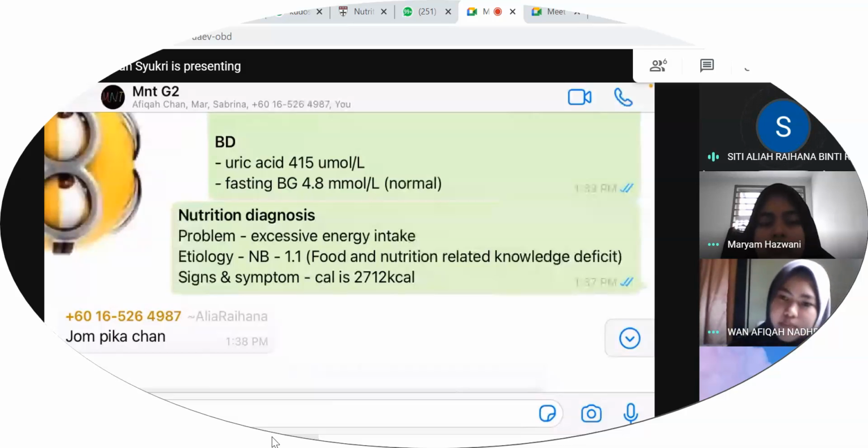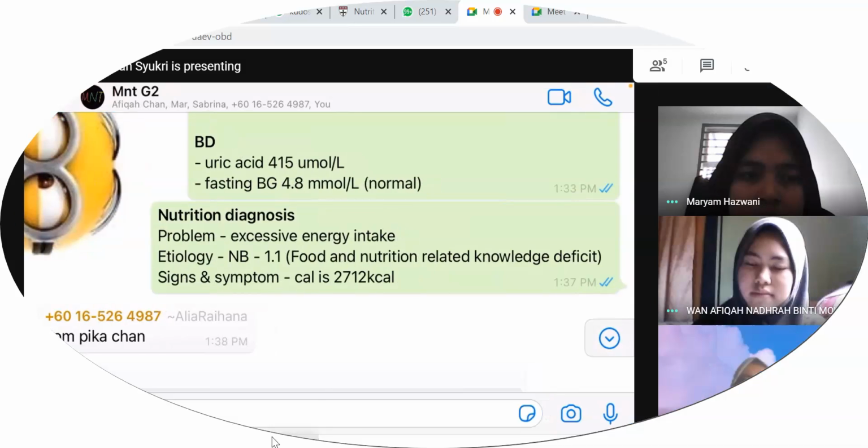But if, for example, the patient also has gout, but the gout is under control, and the one that is not under control is diabetes, then you can start with diabetes. If the uric acid is high, it does not necessarily mean he has a gout presentation.